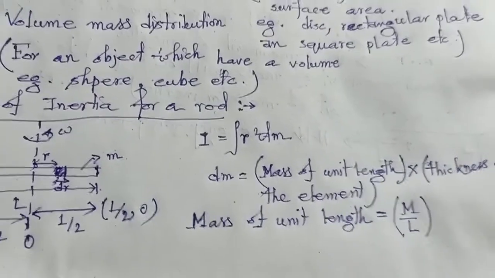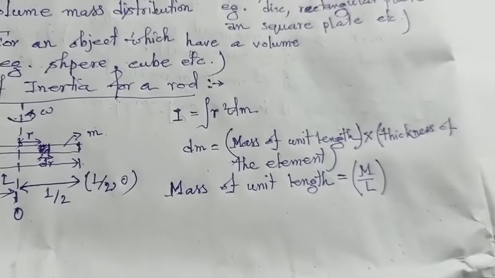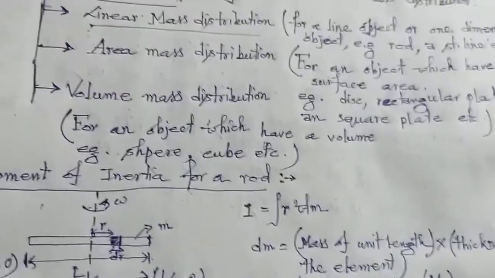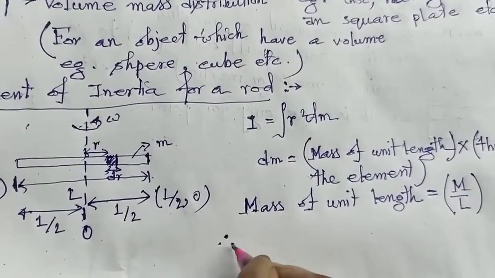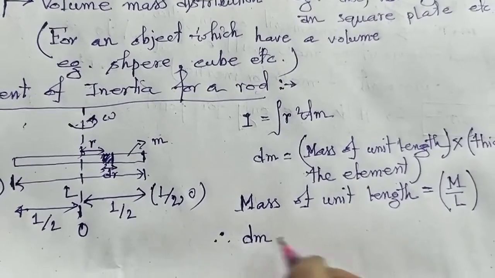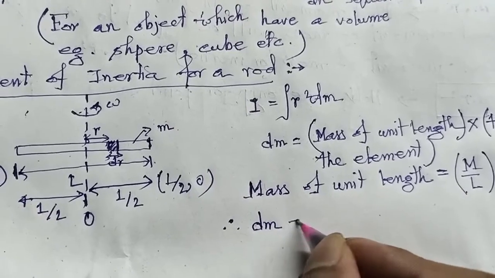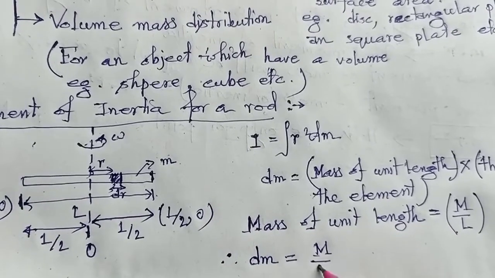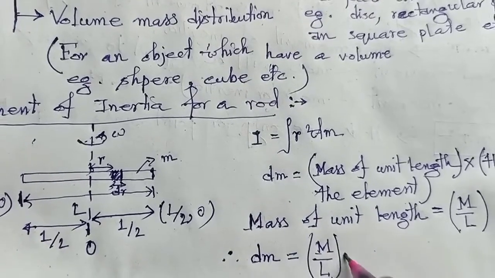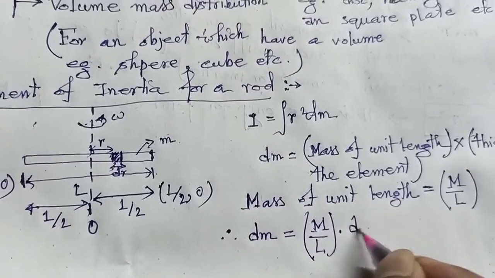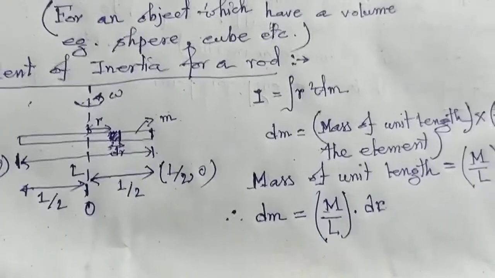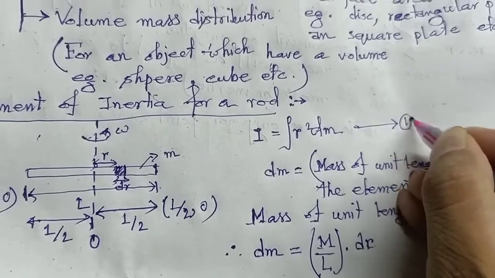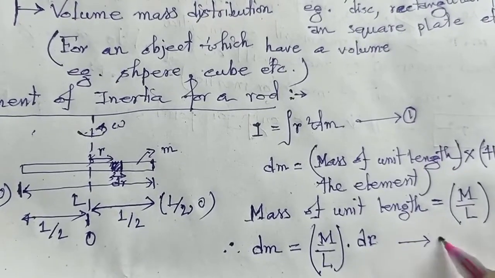And the thickness of this element is dr. So the mass of this element, dm, will be equal to M divided by L into dr. Now this is our equation number 1 and this is equation number 2.